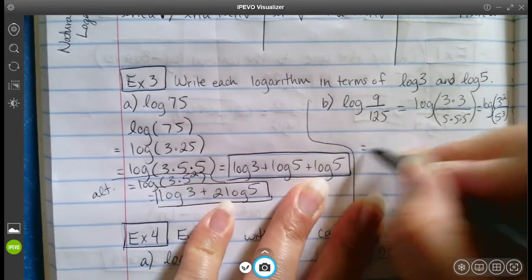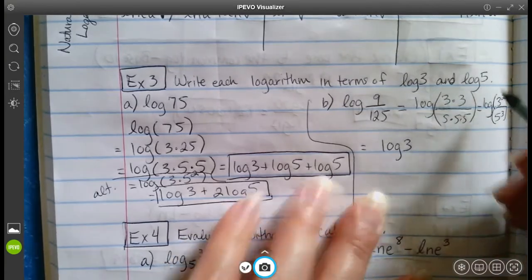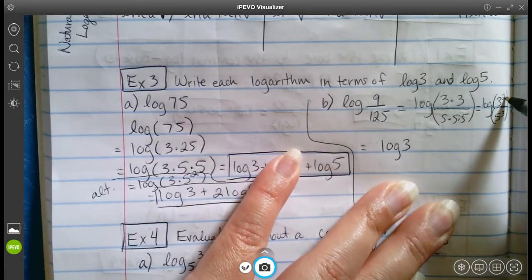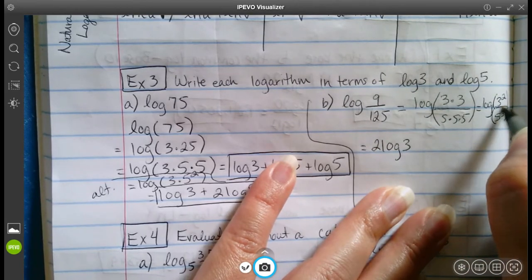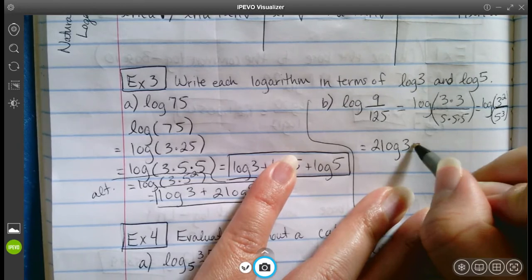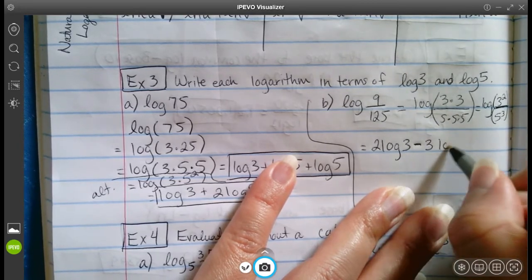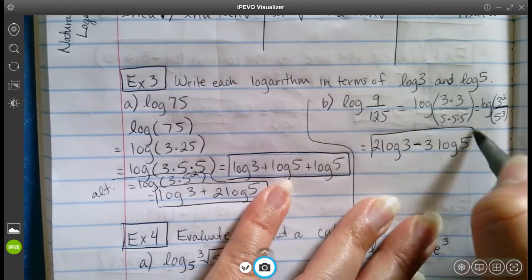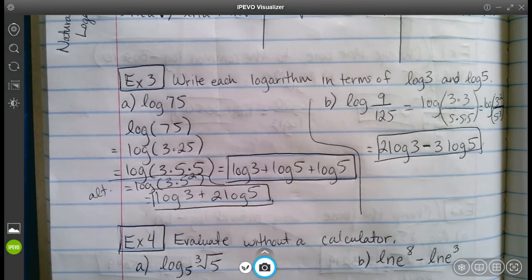So if I expand this, I'm going to have log 3, but this little 2 right here is going to go in the front, okay? The division means subtract, and again, I have another power, so that power is going to go in front, 3 log 5, okay?